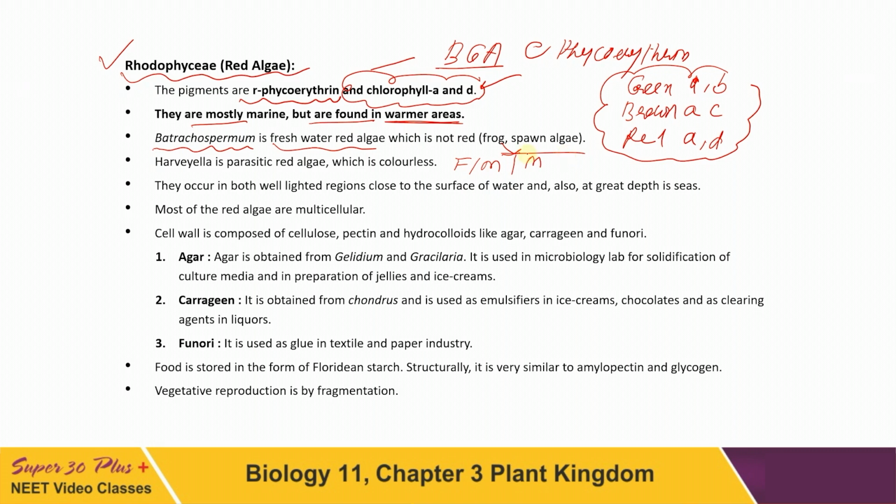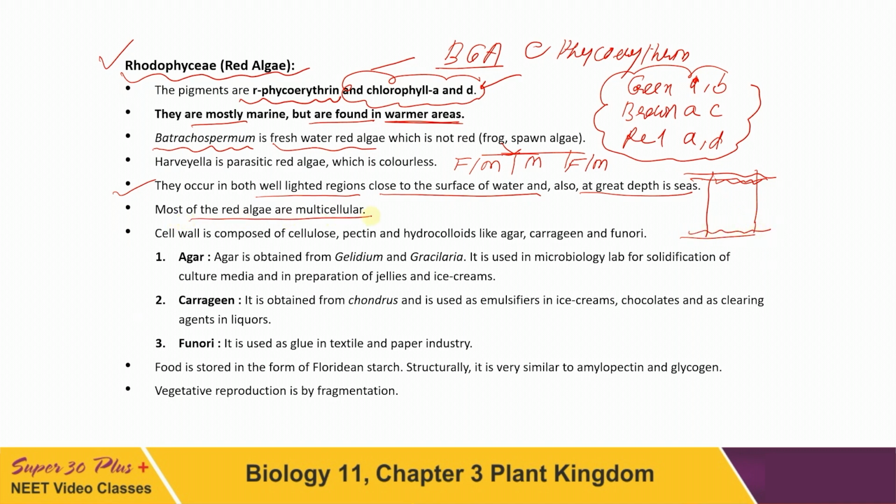In the same way, red algae are also found in freshwater as well as marine water. They occur both in the lighted region close to the surface of water, and also at great depth. The question may come: if this is the water body and this is the depth, these are found floating on the surface of water as well as in the depth of the sea.